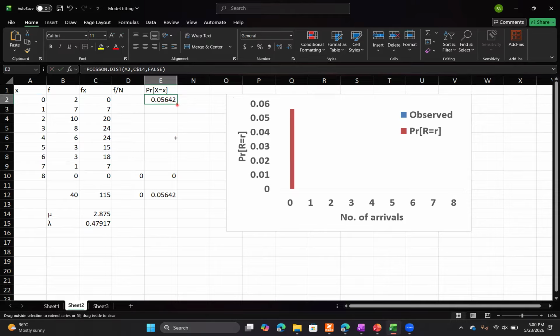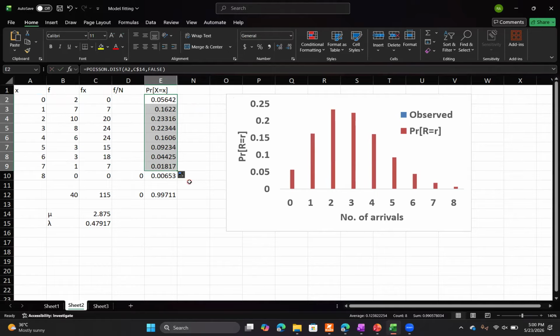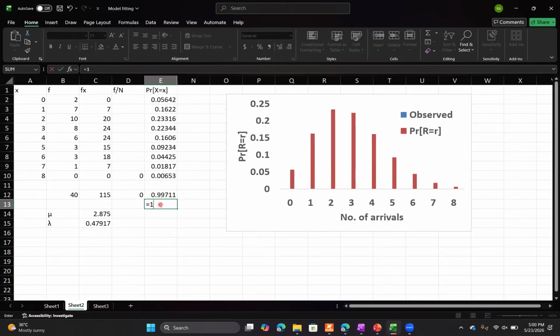And similarly, this will be generated for all of the values, and for all the values greater than 8, it seems that there is going to be a very, very small contribution, and the contribution can be considered as the total is 1 minus the sum of all the probabilities of values from 0 to 8.